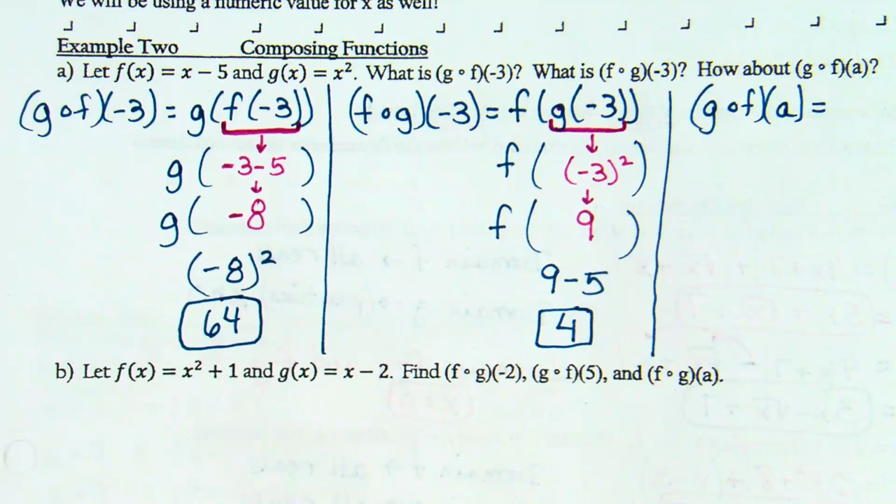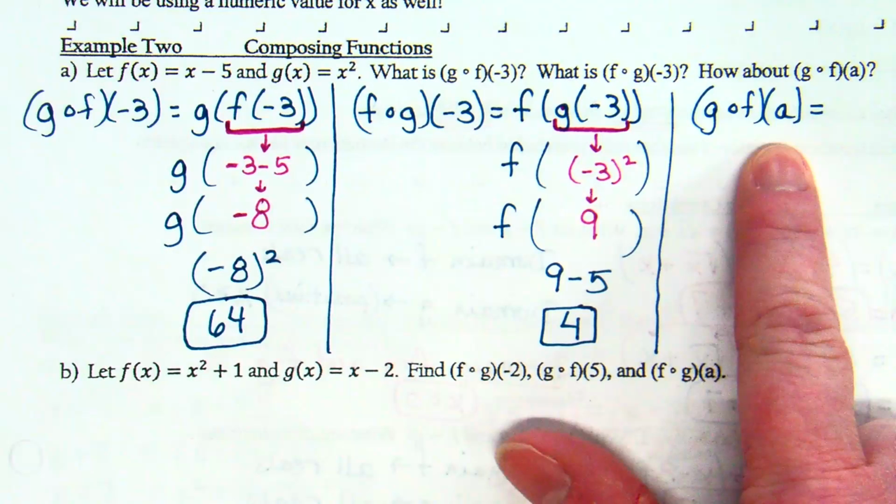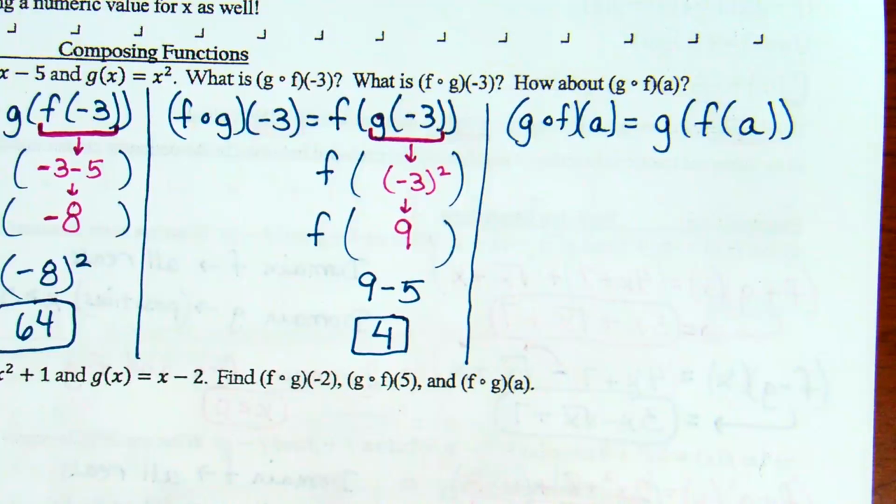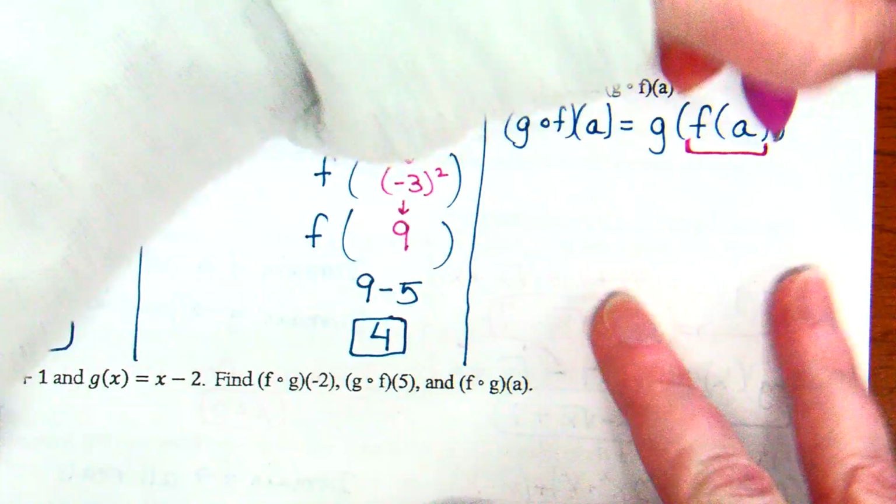Every place we saw x, we put negative 3. This time, every place we see x, we're going to put in A. I'm more concerned that you can do this with numbers, but it's still good to practice and try it with variables.